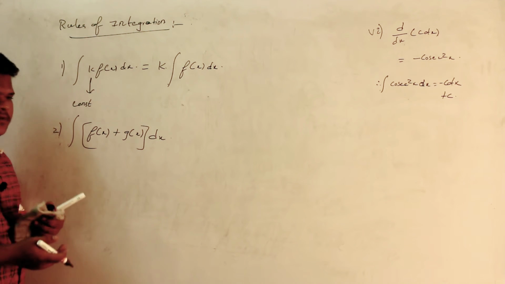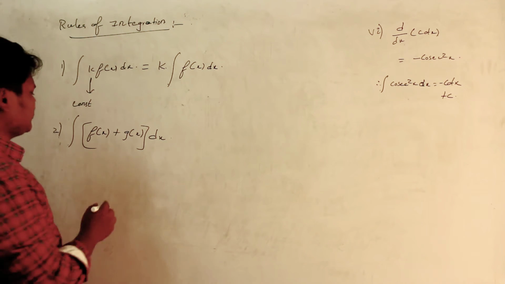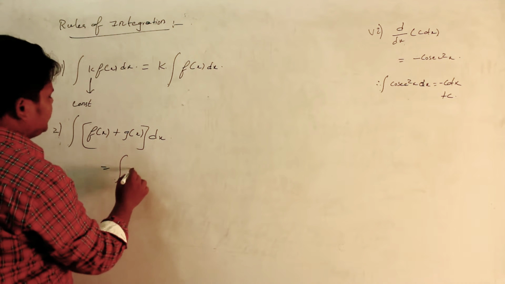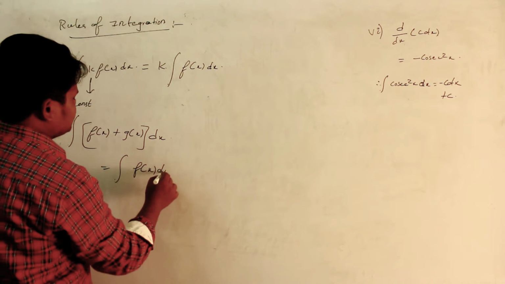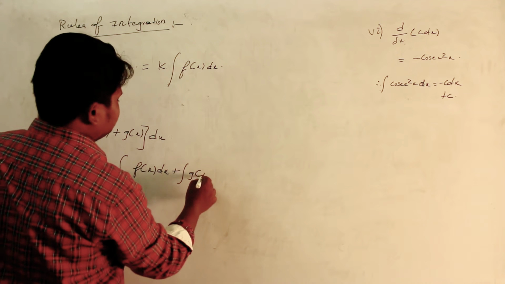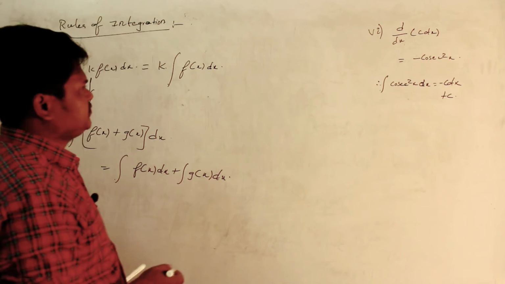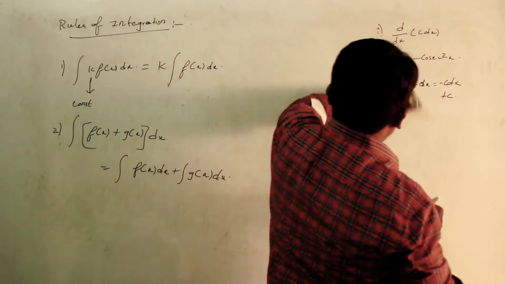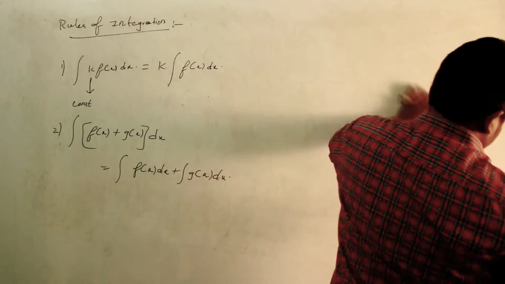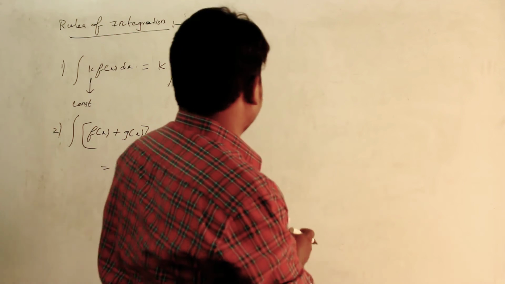If we have two functions, then I can write integration of f of x dx plus integration of g of x dx. This we know. Let us see one more very important rule of integration.